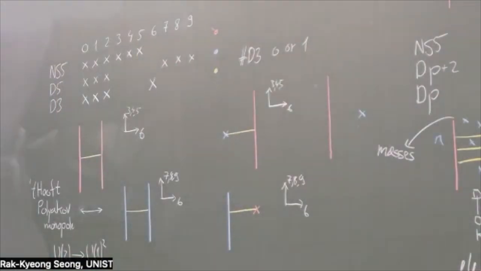Cannot be more than 1. What is the origin? Supersymmetry. If it's more than 1, supersymmetry is broken. No supersymmetry at all.